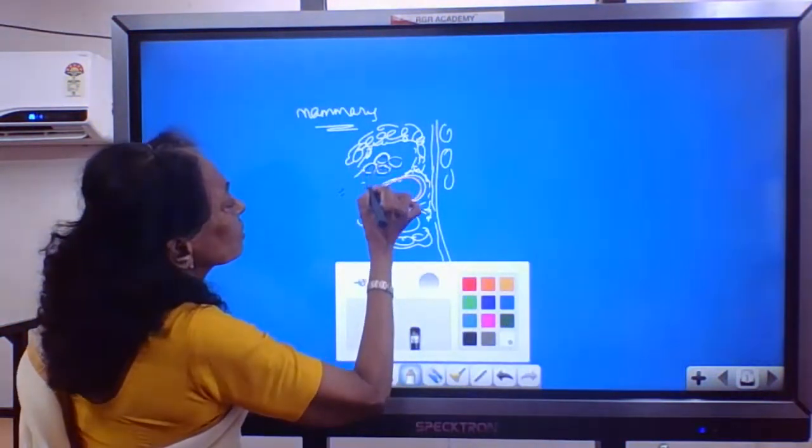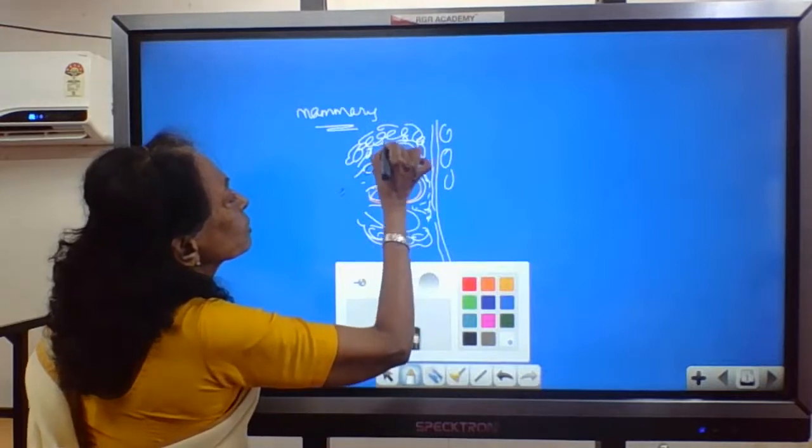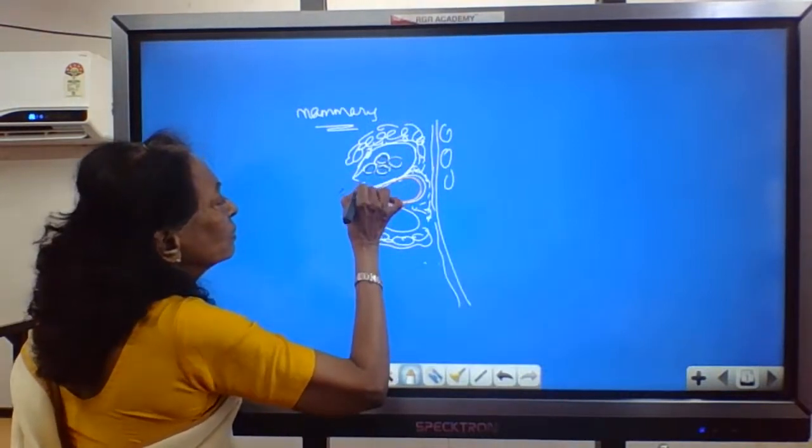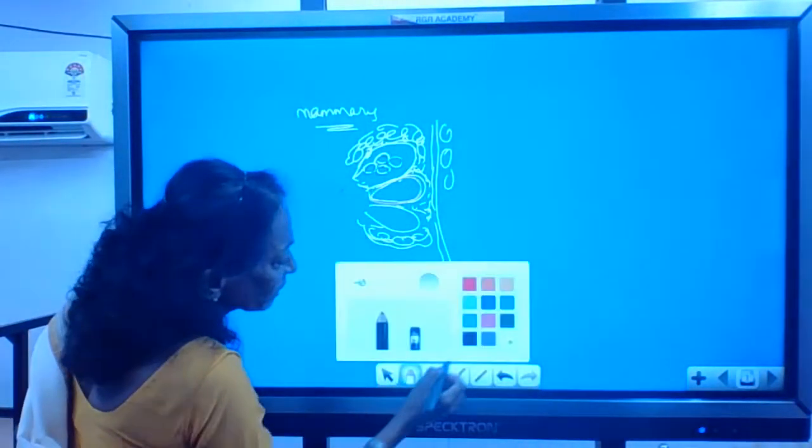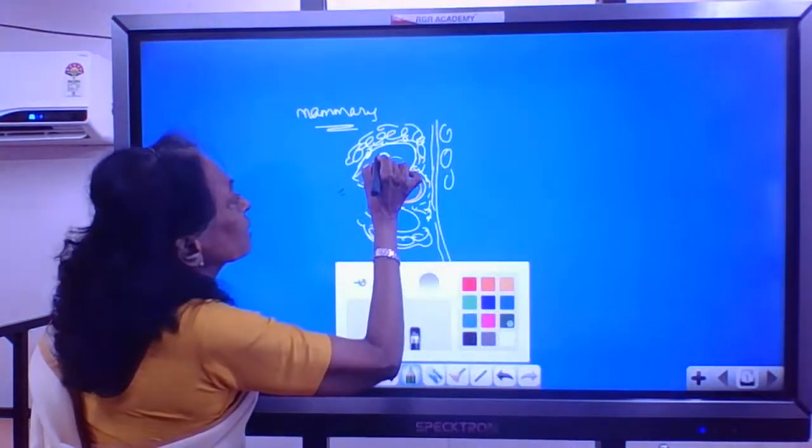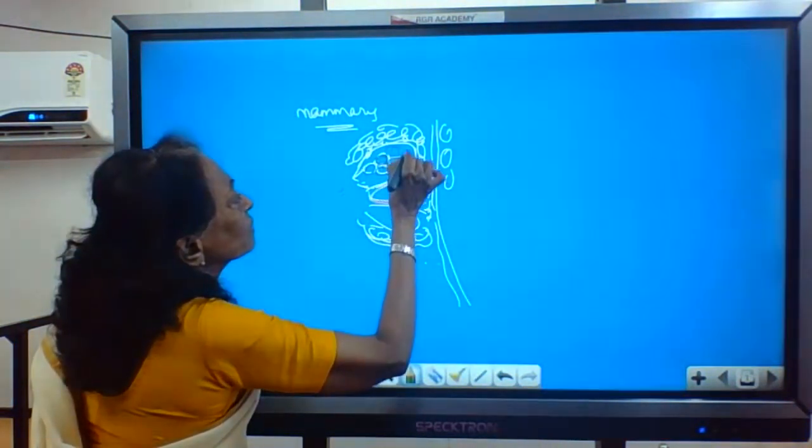Now this is the lobule, the mammary lobes. From this you have a number of alveoli.